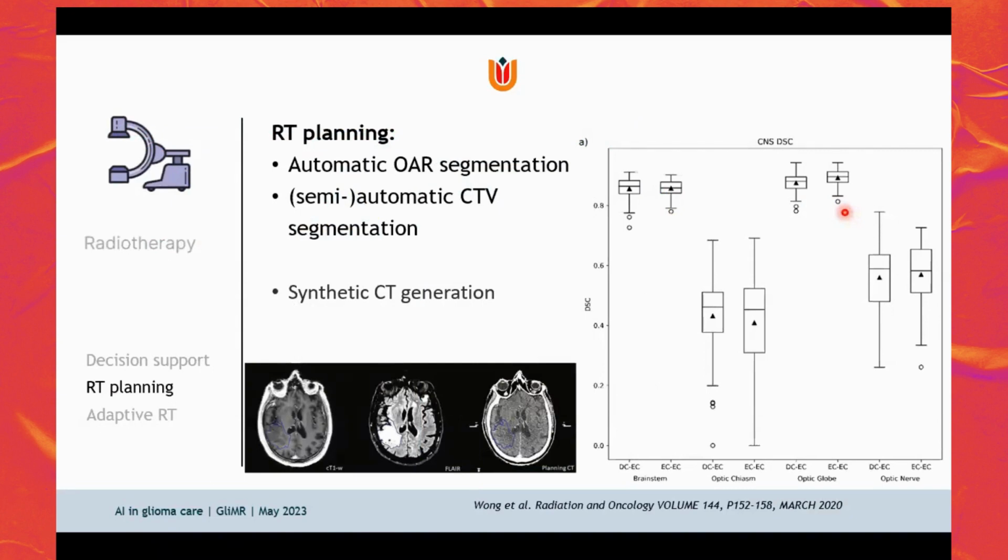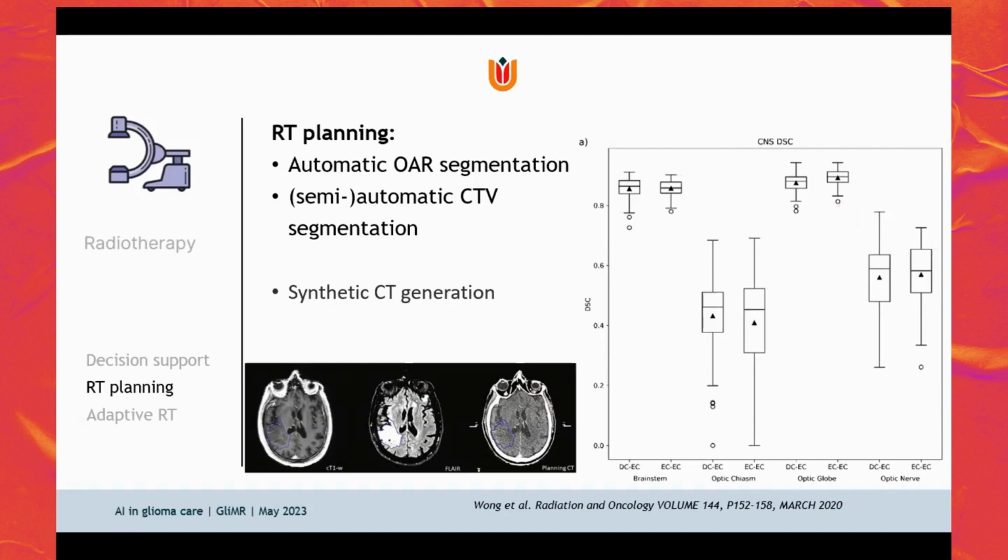And another direction of research where we see quite some development is the generation of synthetic CTs. This is important because we can use these synthetic CTs, generated based on MRI scans, to calculate our dose distributions.